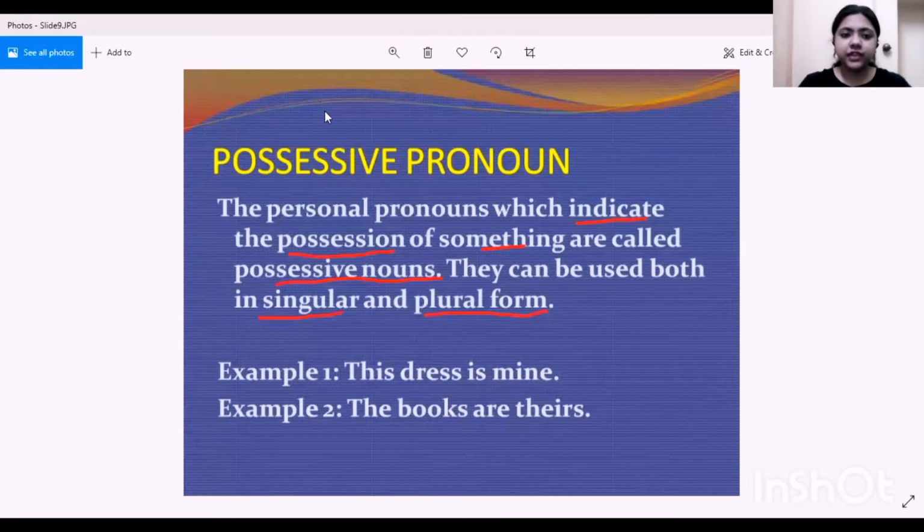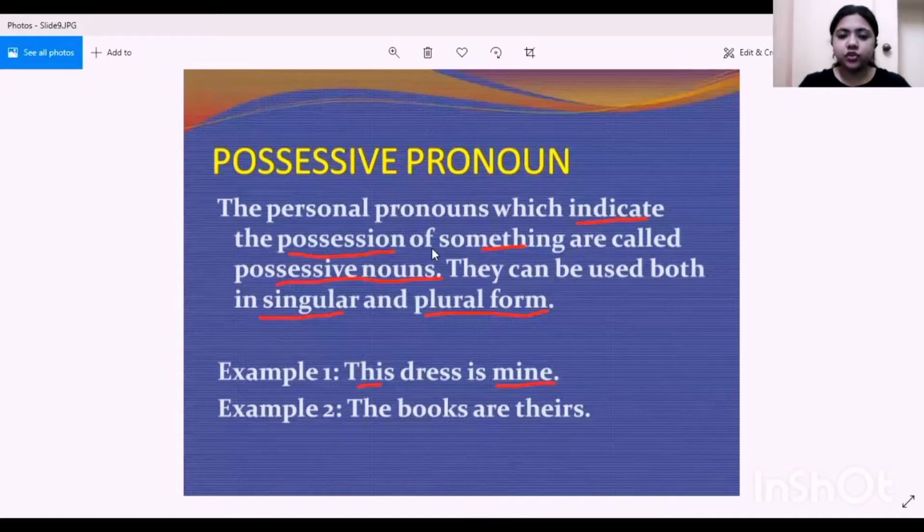See, this dress is mine. That means this dress belongs to me. So when we have to use the possessive form of the word me, then what do we use? Mine. We saw in the previous slide.